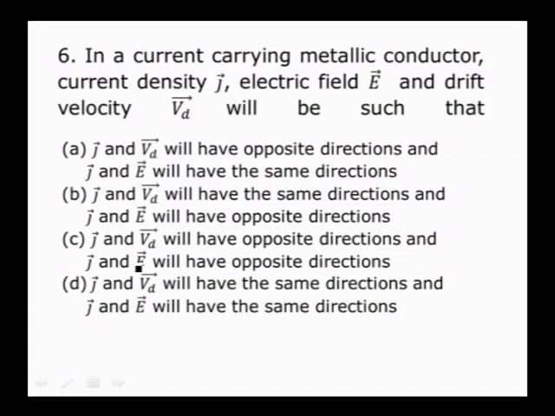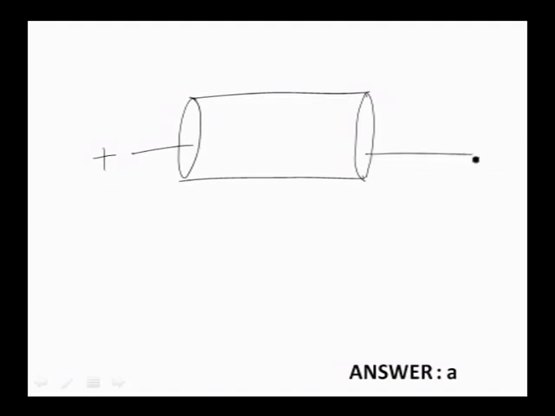So, the answer for this: if you draw the conductor like this, here I am going to apply the potential. This is the higher potential and this is the lower potential. It consists of free electrons. When we apply the potential difference, the electric field is developed in the direction opposite to the motion of the electron, in this direction.